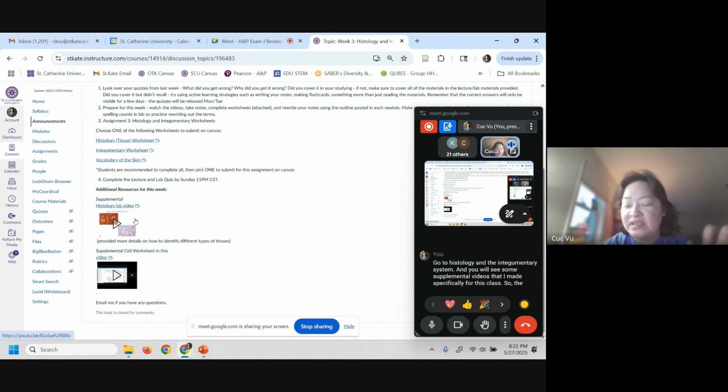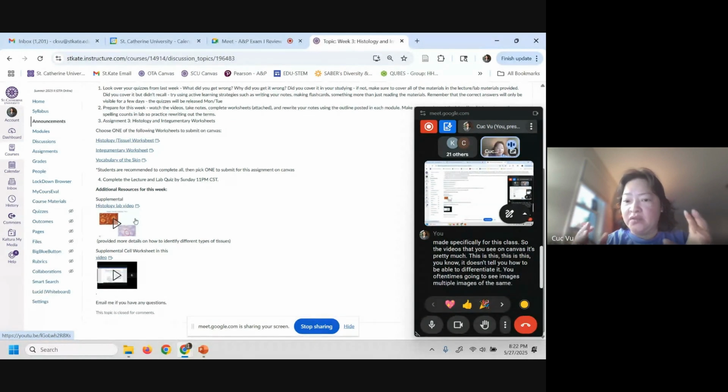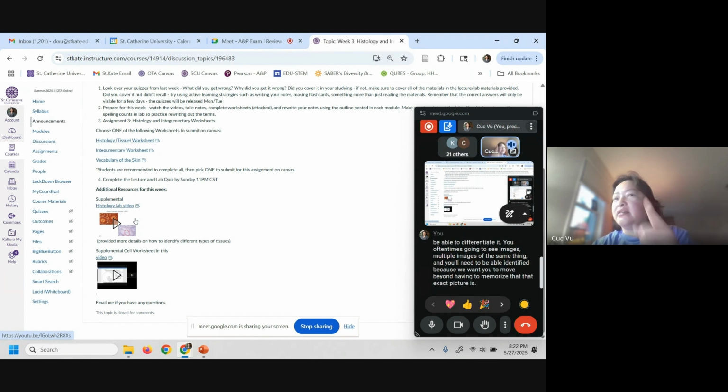The videos that you see on Canvas are pretty much this is this, this is this. It doesn't tell you how to differentiate it. You're oftentimes going to see multiple images of the same thing, and you'll need to be able to identify it, because we want you to move beyond having to memorize that exact picture is what skeletal muscle looks like.